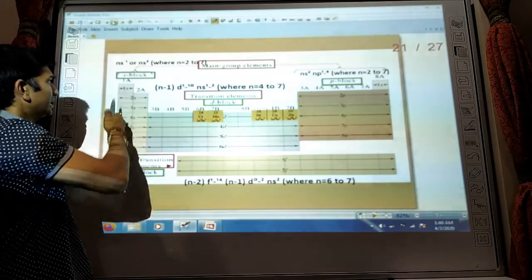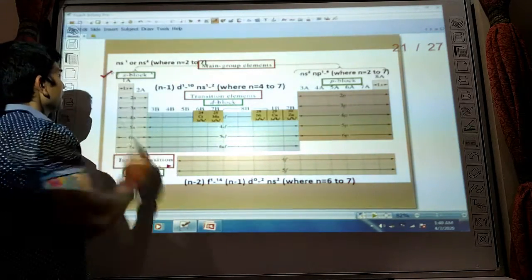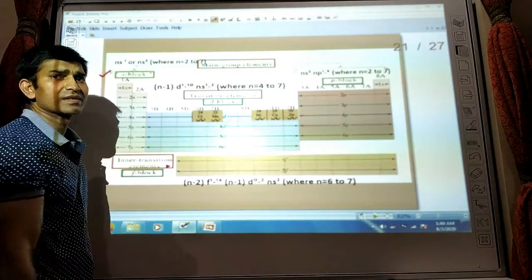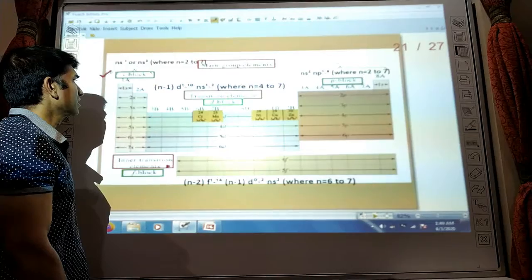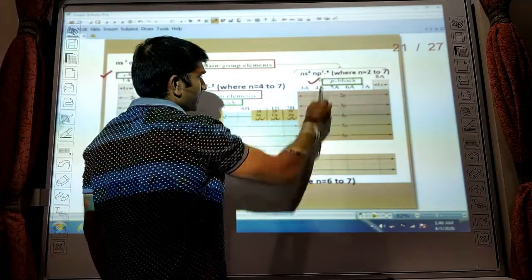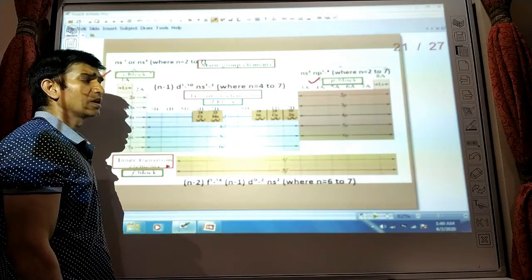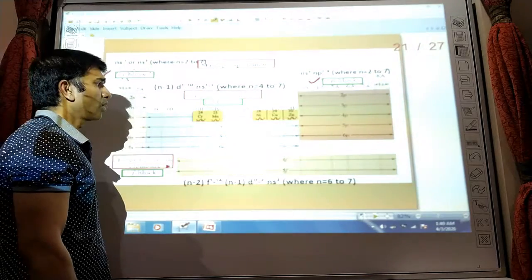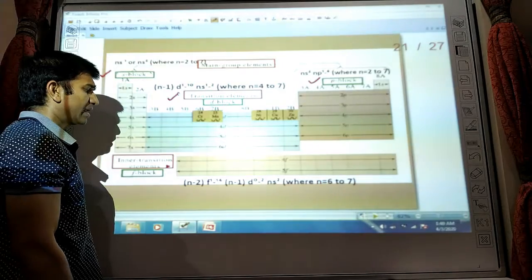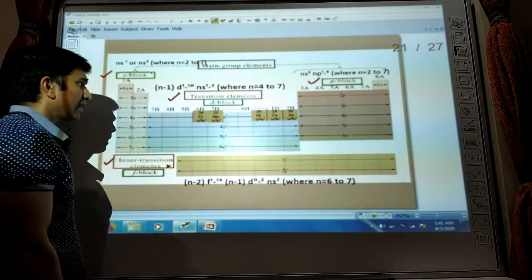For example, this is called the s block element, because the last electrons are going into s orbitals, right? And here you can see the p block elements, again the same, because the electrons are going into the p orbitals. And in the middle you can call them transition elements or d block elements, and inner transition or f block elements, right?